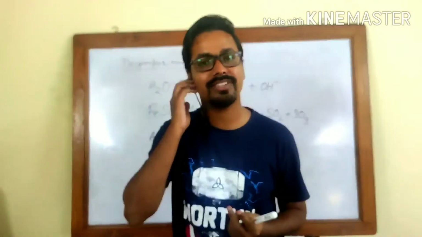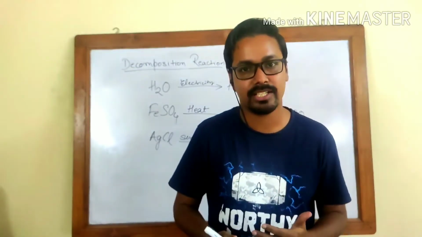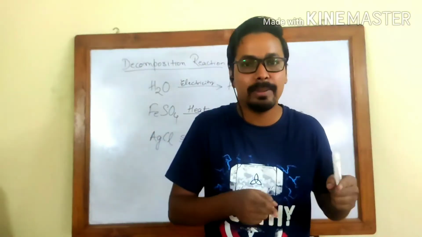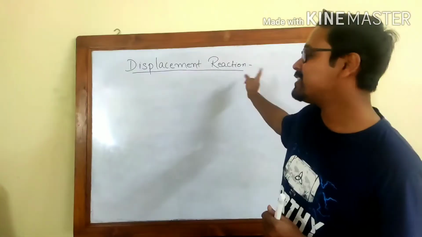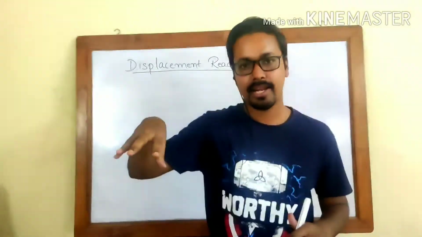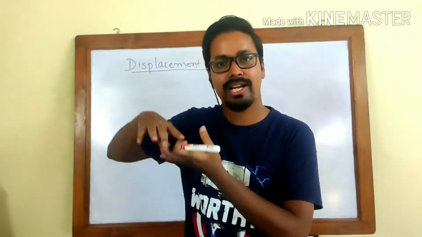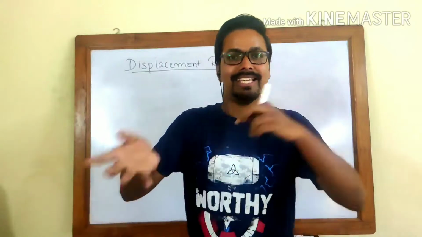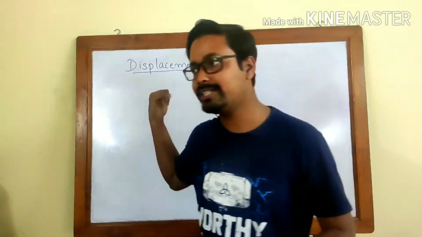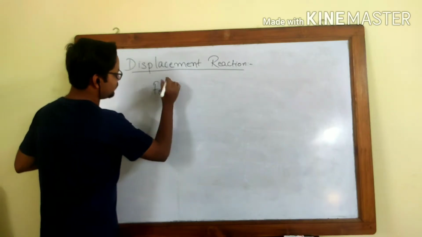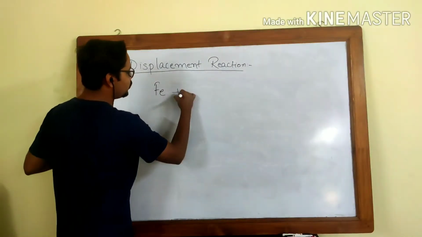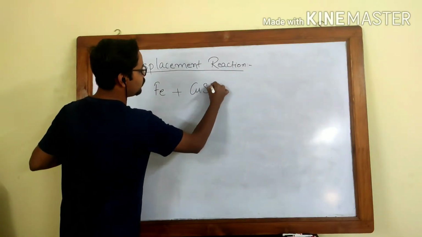Let us move on to the next type of reaction, which is the displacement reaction. In case of displacement reaction, we will have one atom of an element displacing another atom of an element. Let's see what I mean. Let us take ferrous, which is iron, and put it in a solution of copper sulfate.